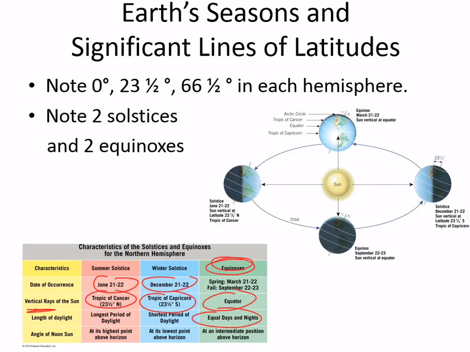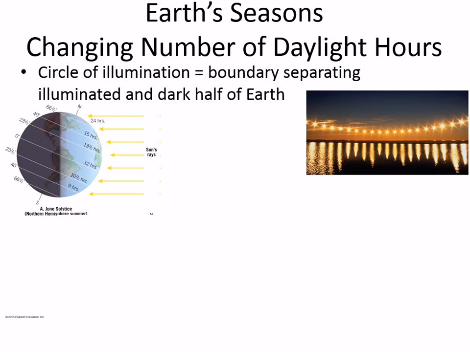As we start to go over here, this starts to exaggerate the number of daylight hours the northern hemisphere gets and minimize the number of daylight hours the southern hemisphere gets. So on the equinoxes, equal day and equal night. We'll talk about that next.